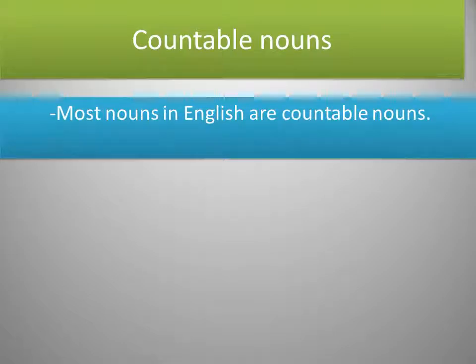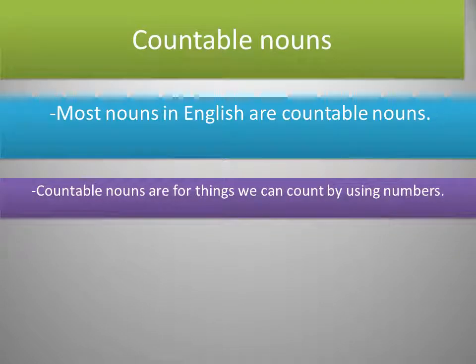Most nouns in English are countable nouns. Countable nouns are for things we can count by using numbers.